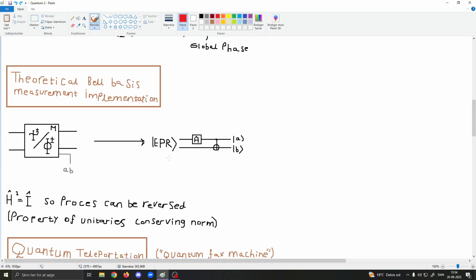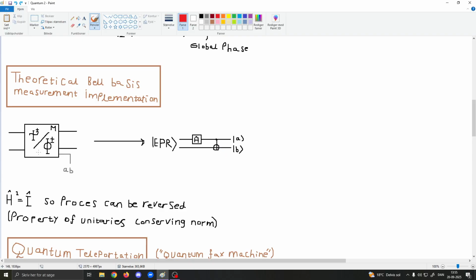So if we imagine that we have our entangled qubits being sent into this measurement, we can measure this by transforming the Bell basis into the computational basis at the cost of the entanglement, but it does produce distinguishable results. The way we do this is that we perform a Hadamard gate on one of the qubits, and that qubit is CNOTed onto the other qubit.